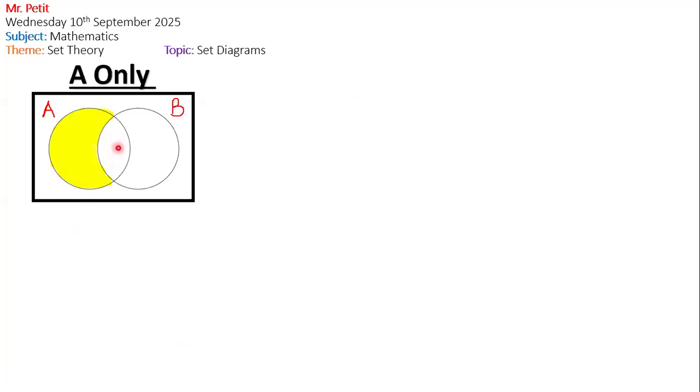Yes, sir. So A only is only going to be this part. Please understand, only this part. No intersection. Not all of A, but just A only.